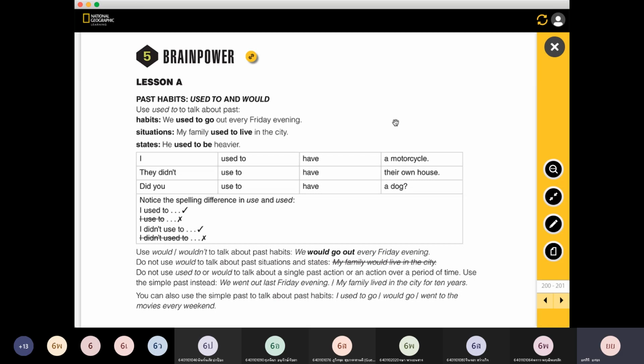When we use these set of words to signify your habit, it gives people the idea that you no longer practice such habits in the present.